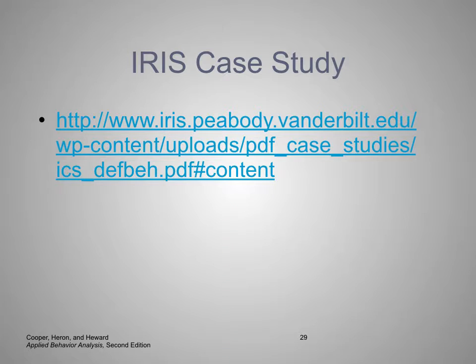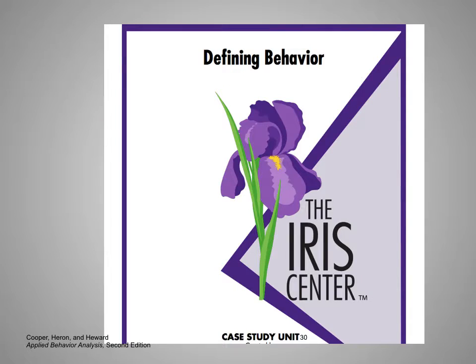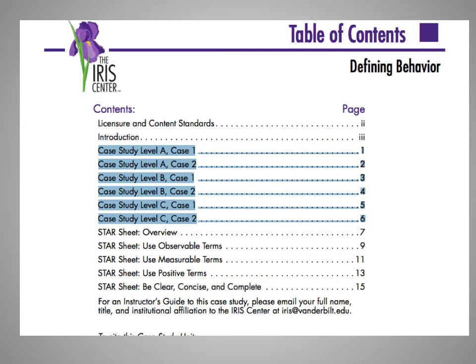Now, for this week, you have to finish this IRIS case study. The link is available on your syllabus and on Blackboard. You can click this link, then you will see this page. So you will complete this IRIS case study on defining behavior. On the second page, you will see the table of contents.